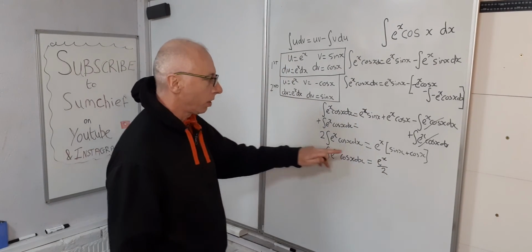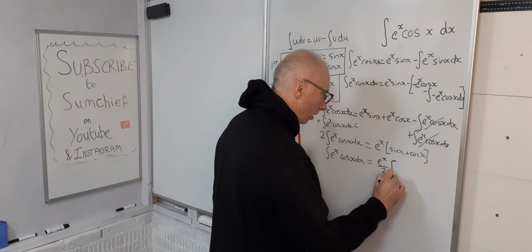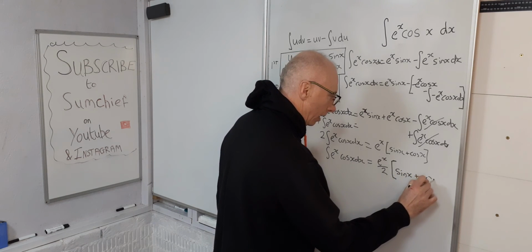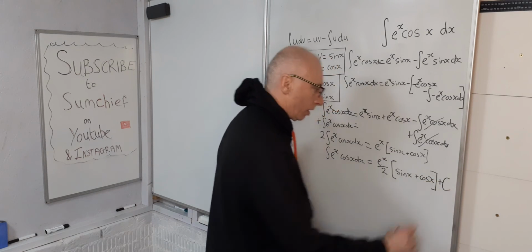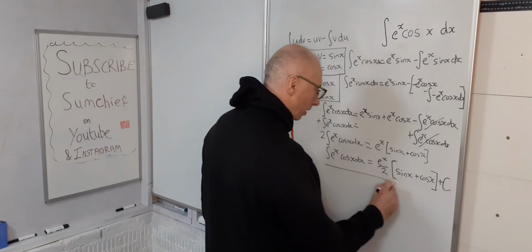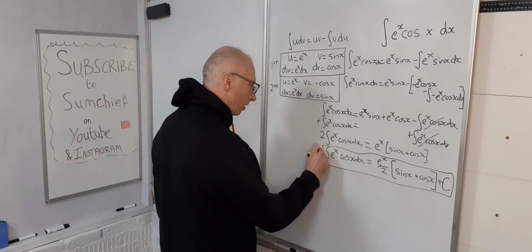Again, we divide this by 2, so we need to divide all this by 2. Sine x plus cosine x, and then plus c. Okay, so that is our answer. There we go.